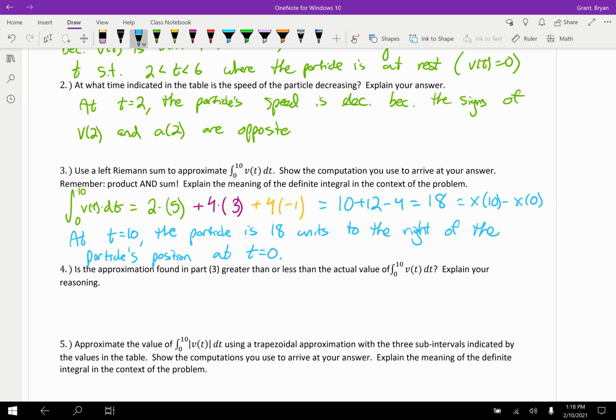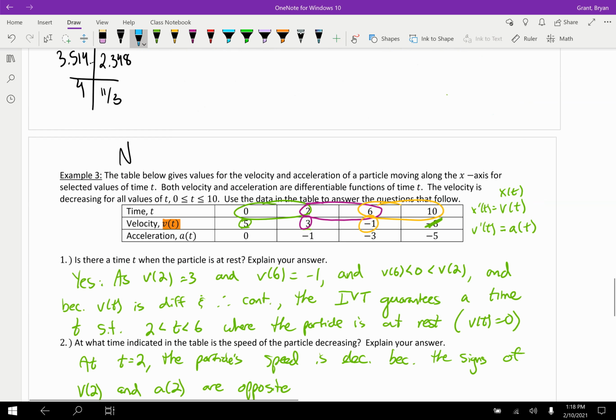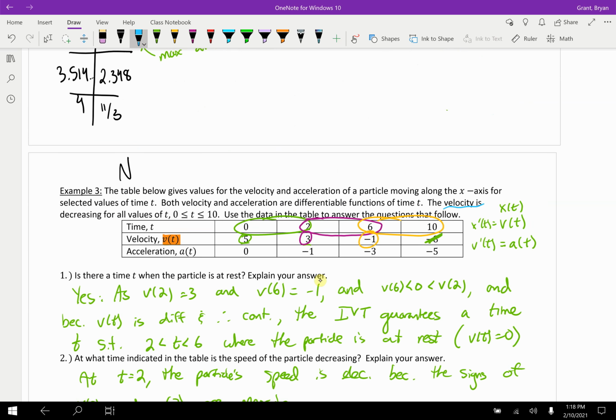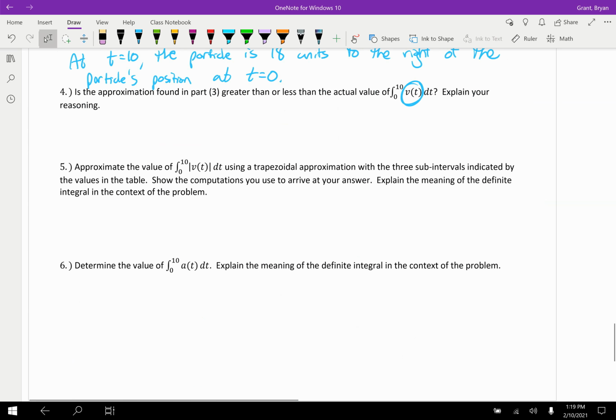Okay, is my approximation in part 3 greater than or less than the actual value? Well, what do I know about the function v of t? I think that's going to help us. Velocity is decreasing for all values of t. Okay, so if velocity is decreasing for all values of t, this one's a little bit trickier, I think, because we do get some negative values, but let's just do a nice decreasing graph like so.